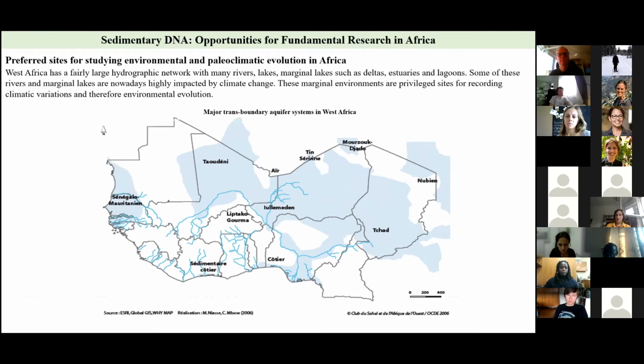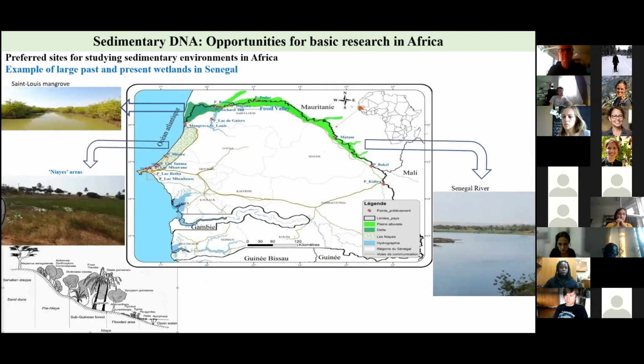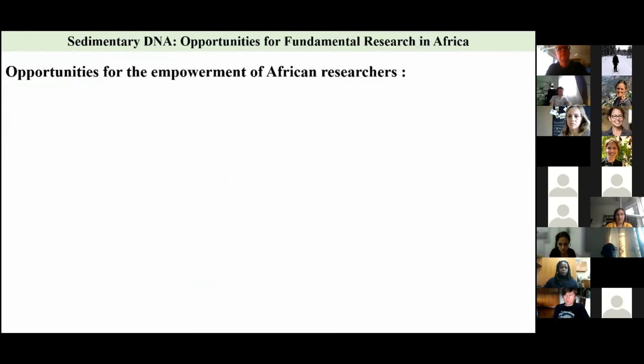These marginal environments are prevalent sites for encoding climate variation and therefore environmental evolution. In Senegal, there are many examples of past and present wetlands in Saint-Louis, the Niayes area, and the Senegal River.